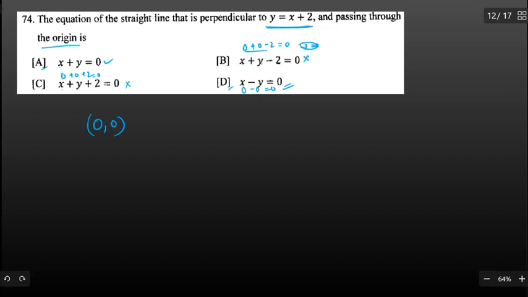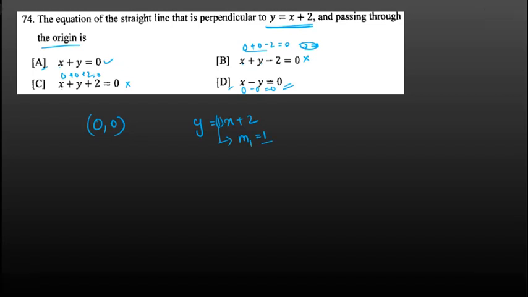Now let's first write this equation. y equals x plus 2. The general equation for a straight line is y equals mx plus c, where m is the slope. So here it is 1 into x, so m is equal to 1. Let us write it as m1 is equal to 1.